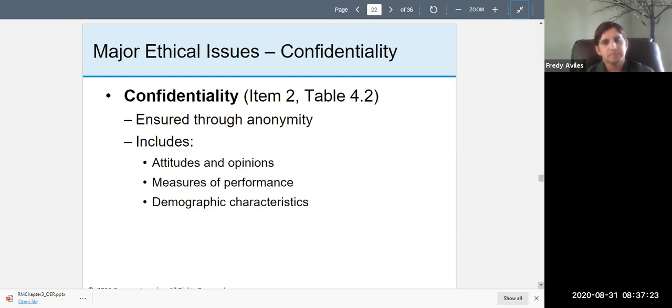And all that information should be kept confidential, regardless of how they did, even things that have to do with demographics. But in reality, there shouldn't be any identifying information. You're just collecting information, and you're going to identify your participants by labeling them by number. This participant number 1, number 2, number 3, you number your surveys.